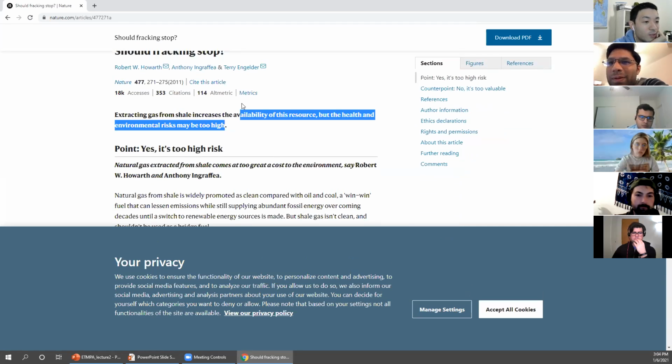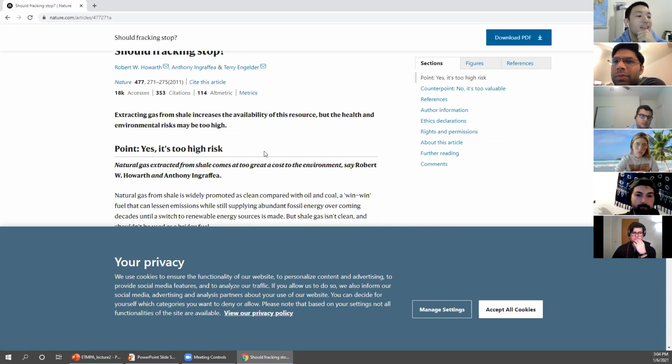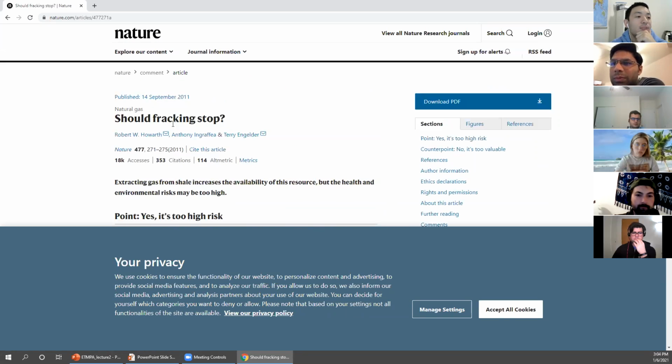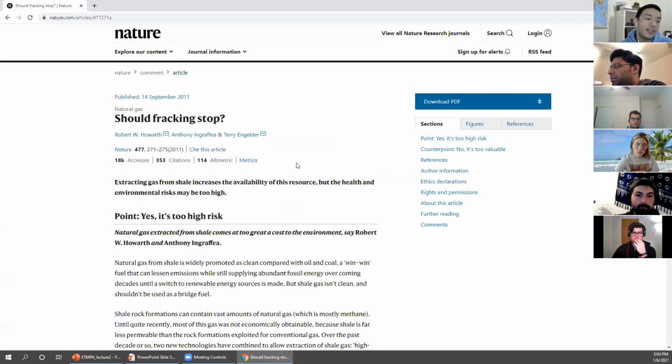Yeah, extracting gas from shale increases availability, but health and environmental risks might be too high. It's actually kind of interesting. This professor is not really in the field of electric power generation or the broader energy field.